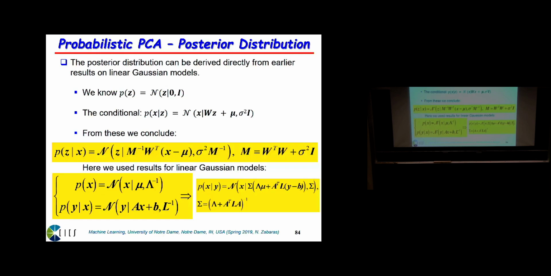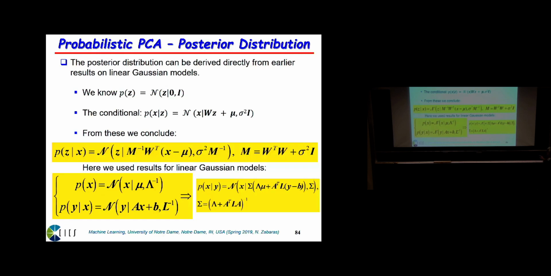So you remember we used to have P of Z, and we used to have P of X given Z. Now you can use Bayes' rule, and you can compute P of Z given X. You don't really need to do Bayes' rule because we already have done it. What you see on the bottom are the very general results for doing this inversion for Gaussian linear systems. I cut and pasted these formulas from another lecture.